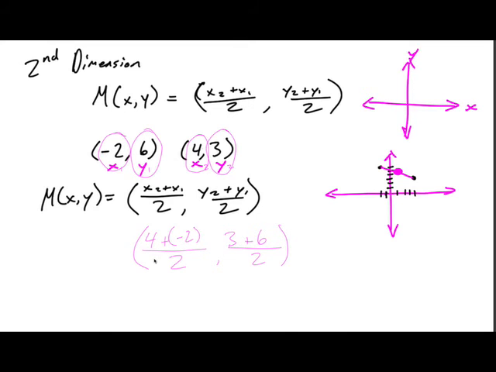So 4 plus negative 2 is going to be 2, divided by 2. 3 plus 6 is 9, divided by 2. So this becomes 1, after 2 divided by 2 is 1. And 9 divided by 2 simplifies to 4.5.